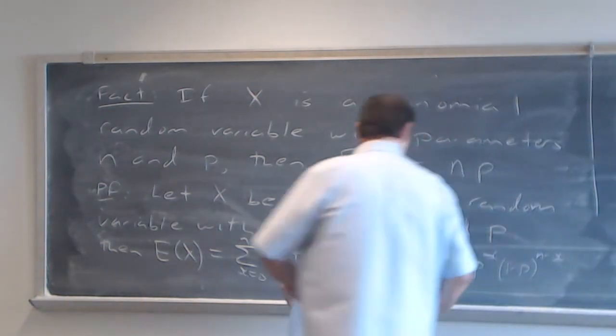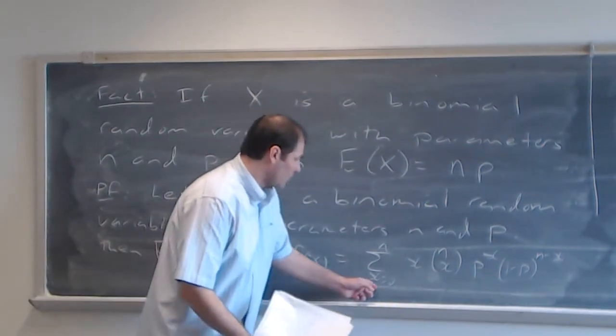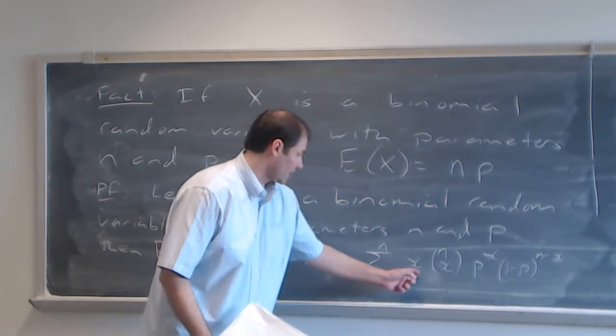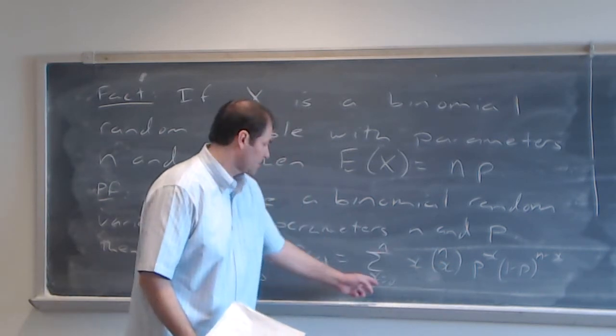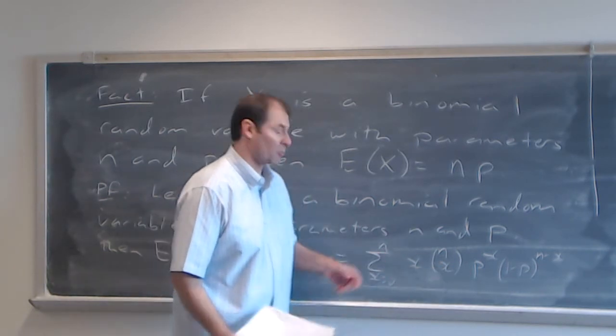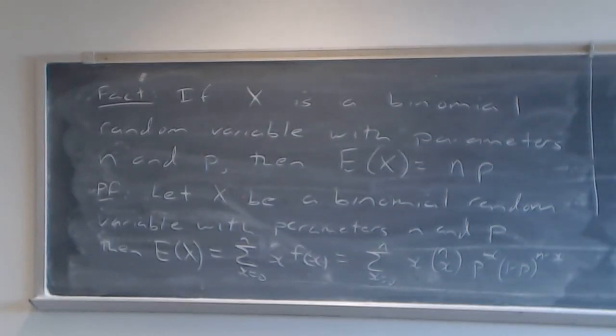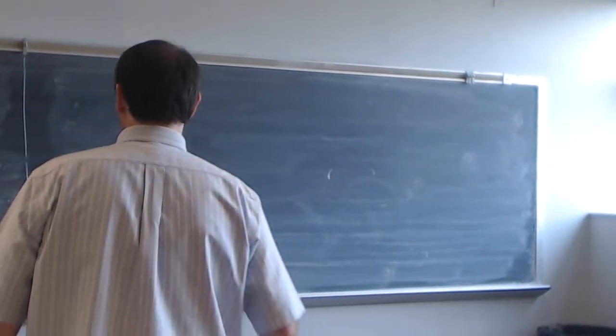Next line on the right has to do with when x is 0, the first term of this sum is 0, because we have 0 times something. That's just 0. So might as well just run the sum from x running from 1 to n. That's what we're going to do.